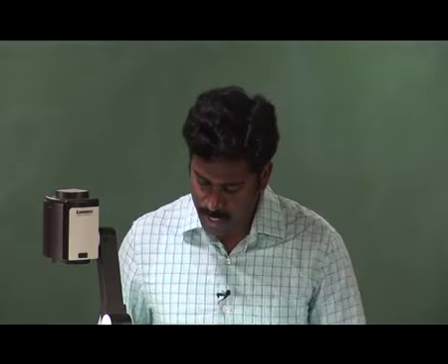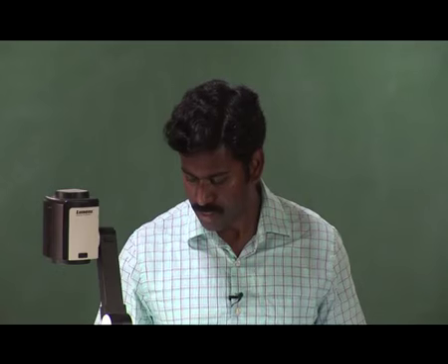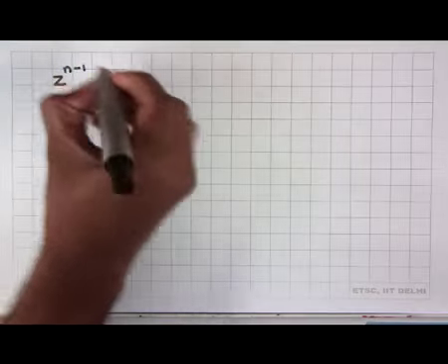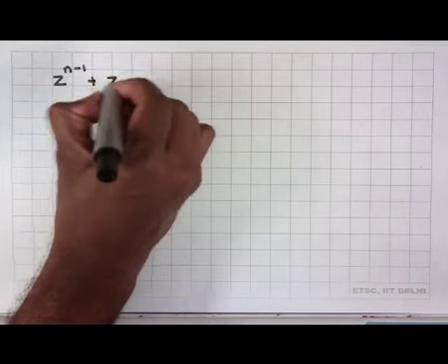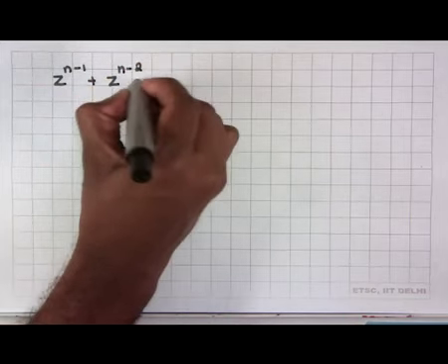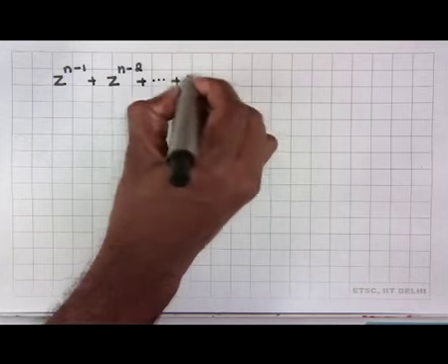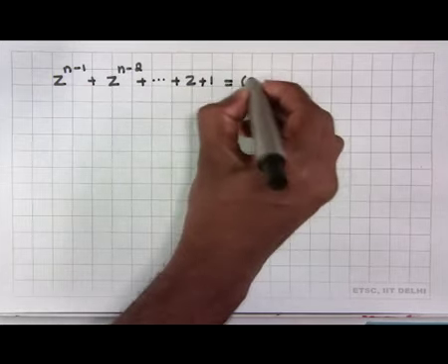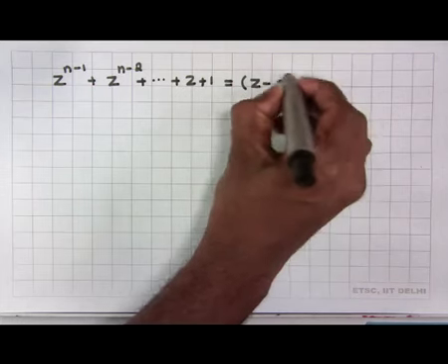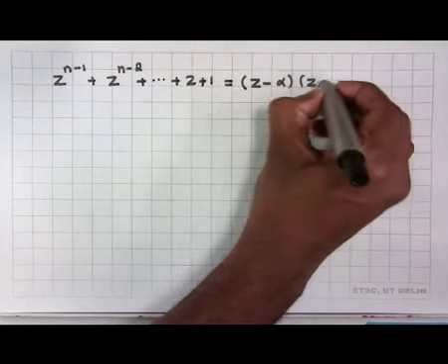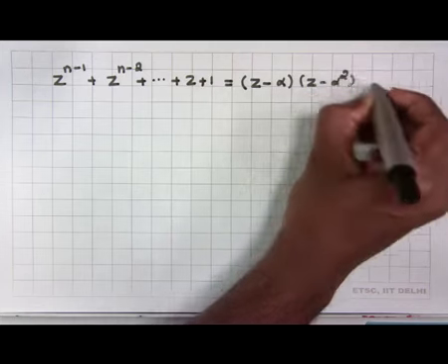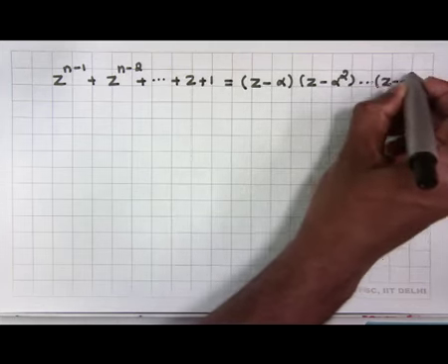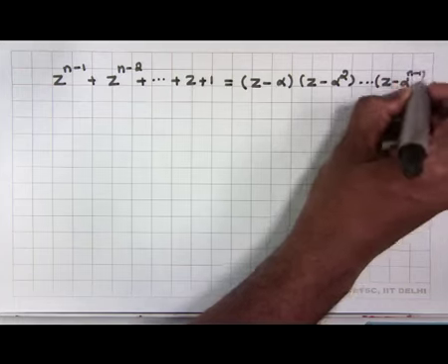So, it means that we can write the polynomial z power n minus 1 plus z power n minus 2 plus and so on plus z plus 1 as z minus alpha, z minus alpha square and so on, z minus alpha power n minus 1.